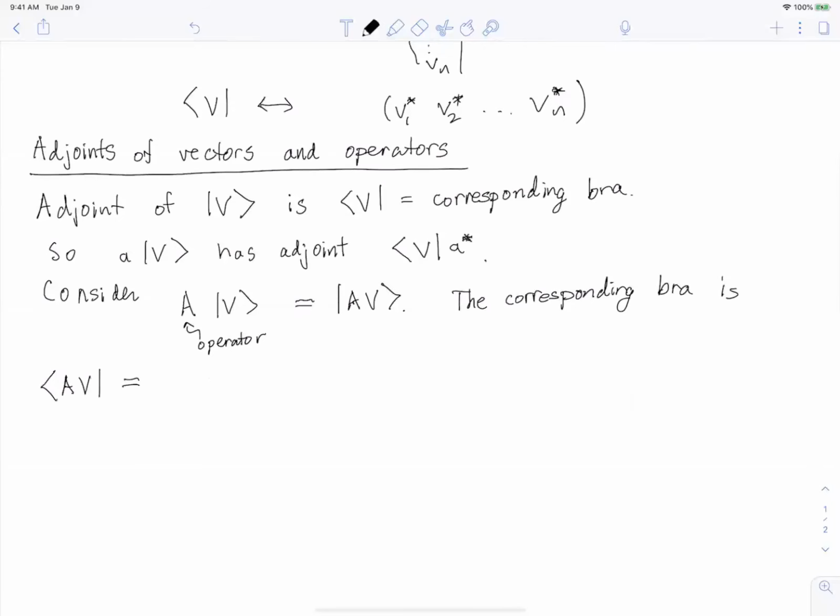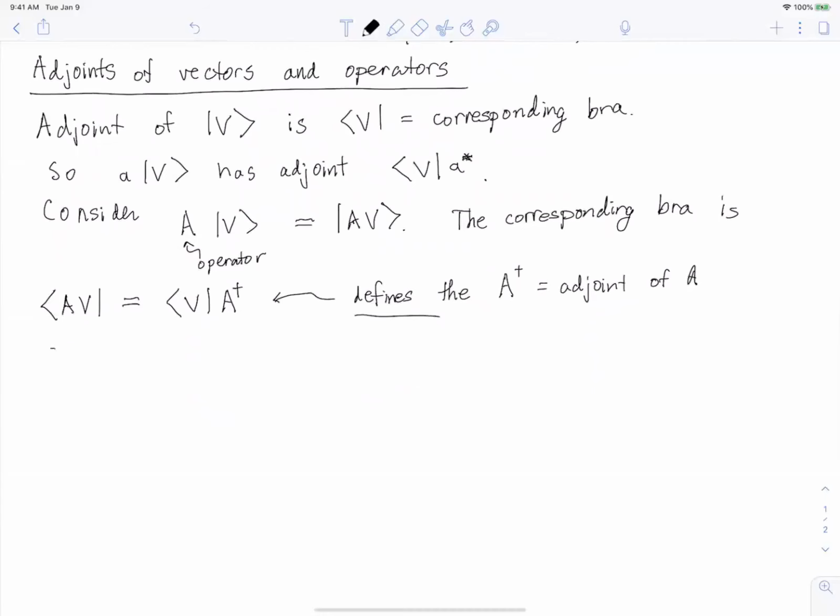And I'm going to write this as the bra V times something we're going to call A dagger. Why am I allowed to write that? I'm allowed to write that because that's going to be a definition. This defines what I mean by A dagger, which is the adjoint of the operator A. Okay?